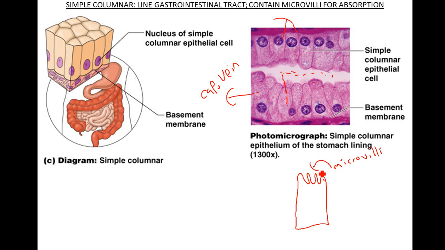These aid with digestion, in particular, absorption, and there's some secretion that goes on as well. So you're thinking absorption, and the defining factor for absorption is these microvilli. All right? And then there is some secretion.